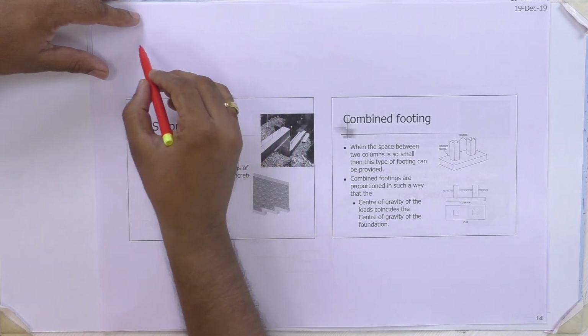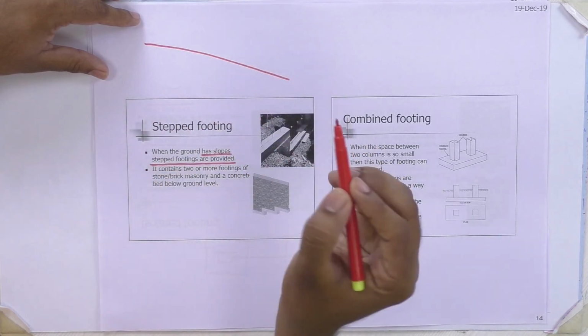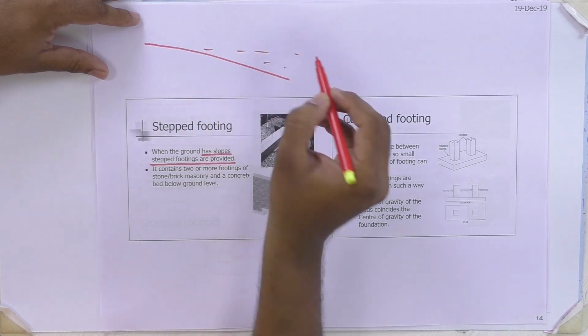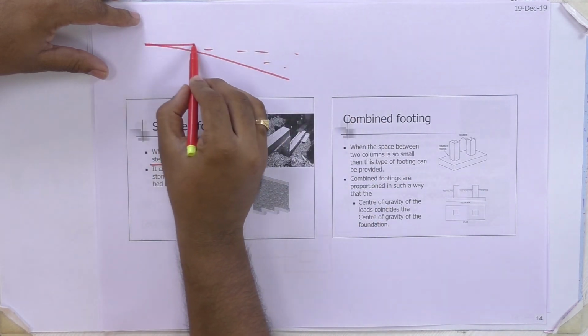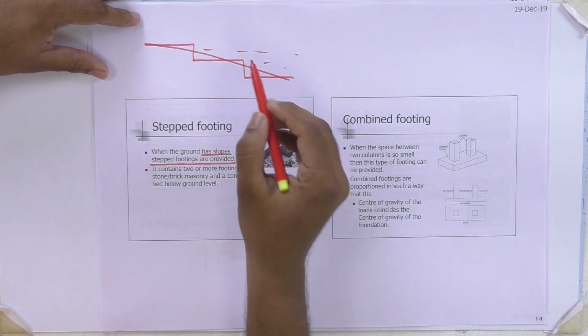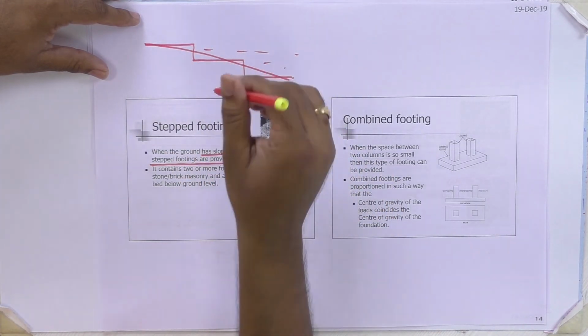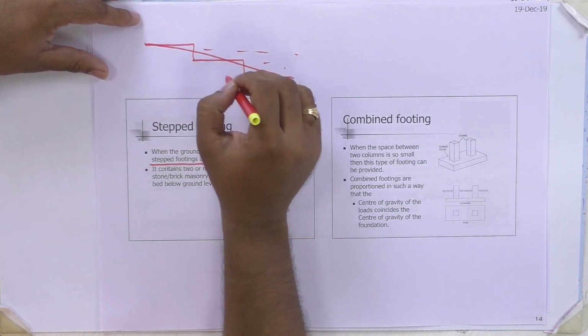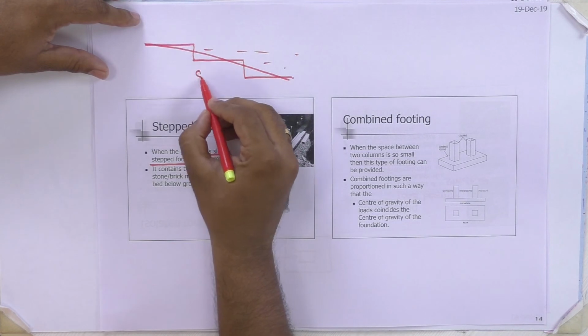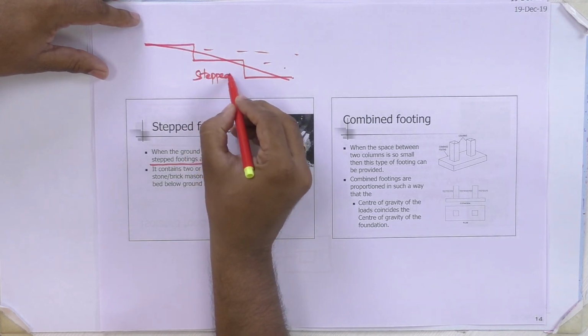The ground level will be like this. For that we are not going to fill the soil here. We provide the foundation like this. So this one is stepped footing, without affecting the landscape of the area.